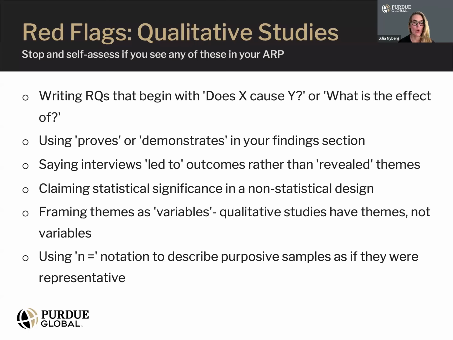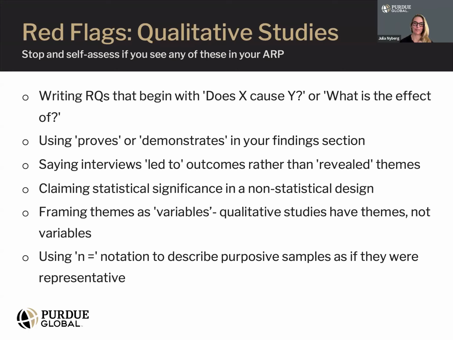Next up, when students write that the interviews led to improved understanding, led to, they're treating the method as a cause of an outcome. Methods surface data. They do not produce outcomes.